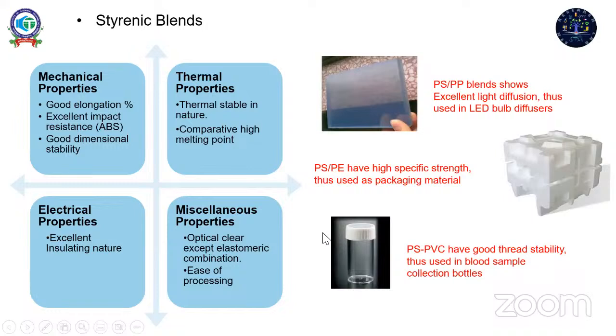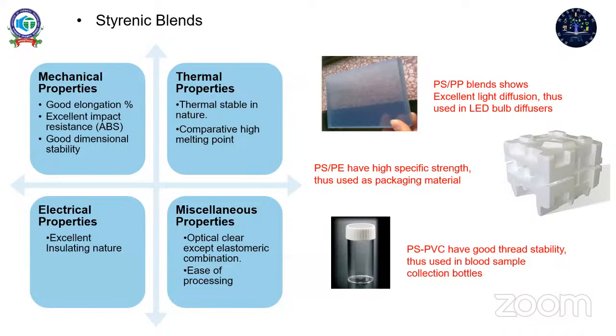Then styrenic blends. Now, as in the previous discussion, we have talked about styrene being a brittle material. So here, excellent impact resistance can be achieved in case of styrenic blends when incorporating it with ABS, okay, or while making a copolymer of styrene, like blending it with acrylonitrile and butadiene.